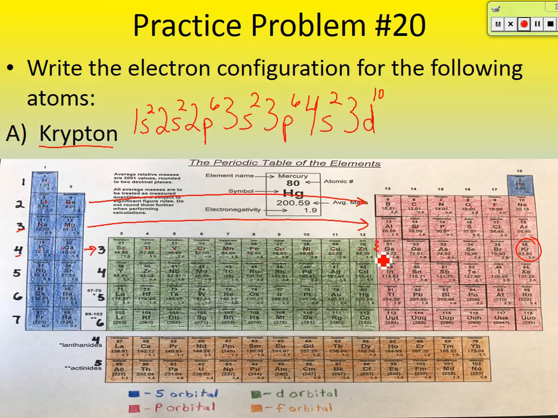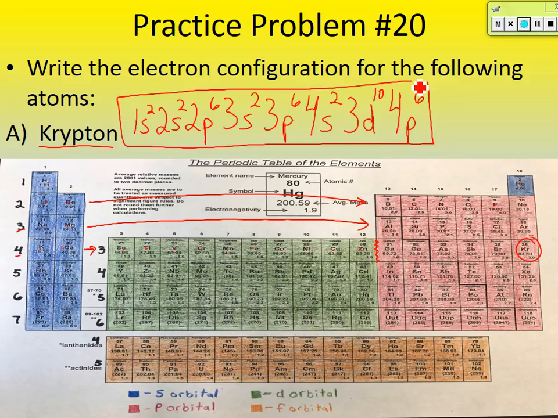Okay, now right here, very important to remember, the only one that dropped down was the d orbital. We're in the fourth energy level here, so when we go to this p orbital block, we're back up to the fourth energy level. We're in the p orbital block, and if you count across to krypton, 1, 2, 3, 4, 5, and 6 electrons are there.